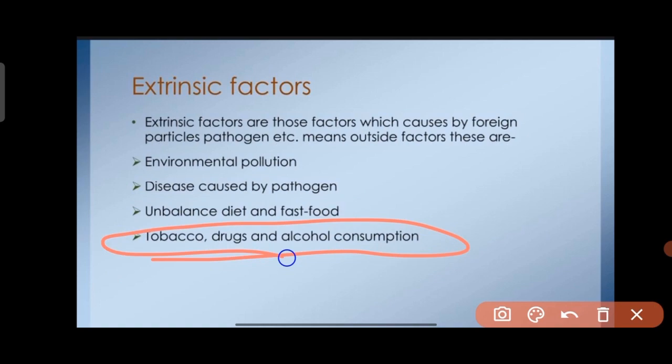So, intrinsic factors are those factors which are caused by genetic or hormonal imbalance, which means factors within, inside the body. These we call internal factors. These are genetic and chromosomal disorders.